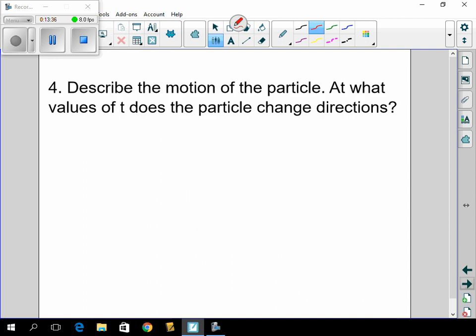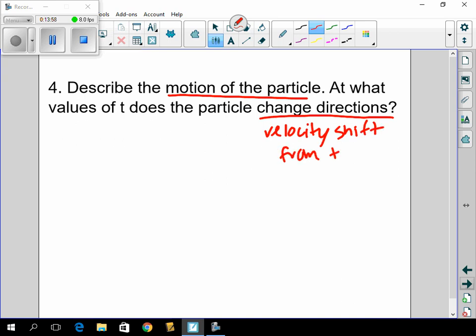All right, so now I'm asked to describe the motion of the particle. This is dealing with velocity, because I'm looking at where my particle changes directions. So I'm looking at where my velocity shifts from positive to negative.